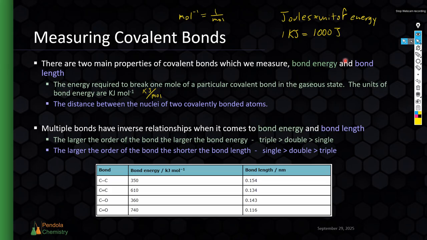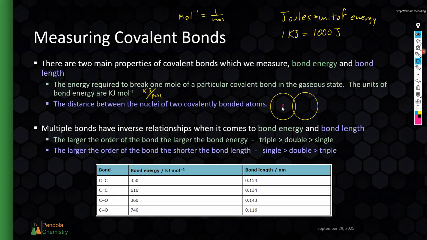Now, the other one that we're going to talk about is bond length. And bond length is a little simpler. It's the distance between the nuclei of 2 covalently bonded atoms. So essentially, if we have 2 atoms bonded to each other, I'm trying to make this roughly the same size, and we have our nuclei at the center of these atoms.